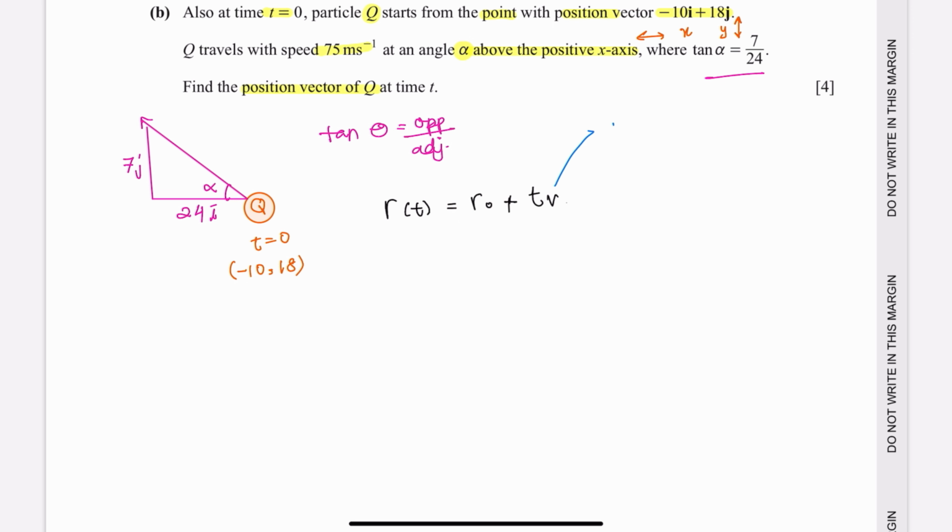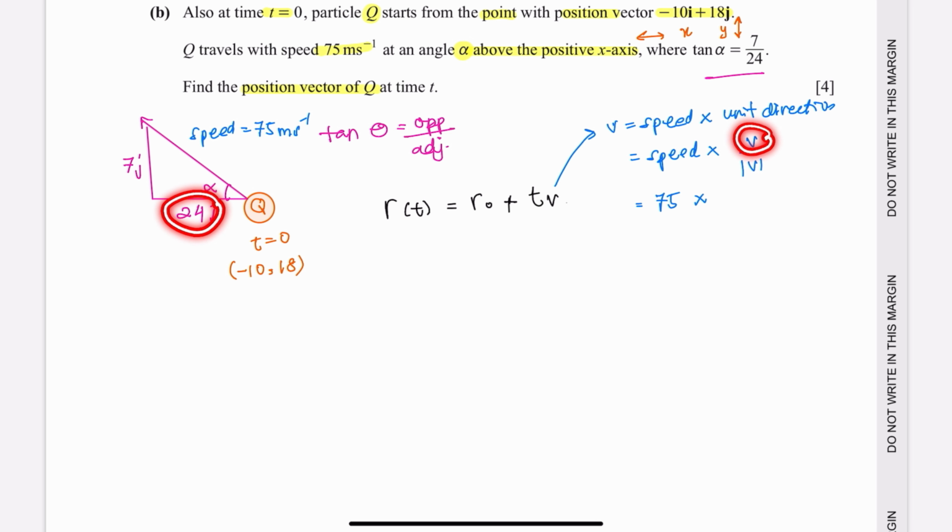We know v is equal to speed times unit direction. Unit direction is the vector over its magnitude. The speed is given in the equation, which is 75. 75 times the vector, which is 24 and 7 over square root of 24 squared plus 7 squared.